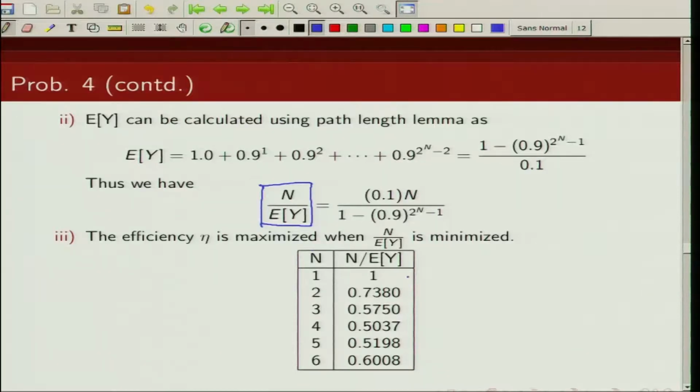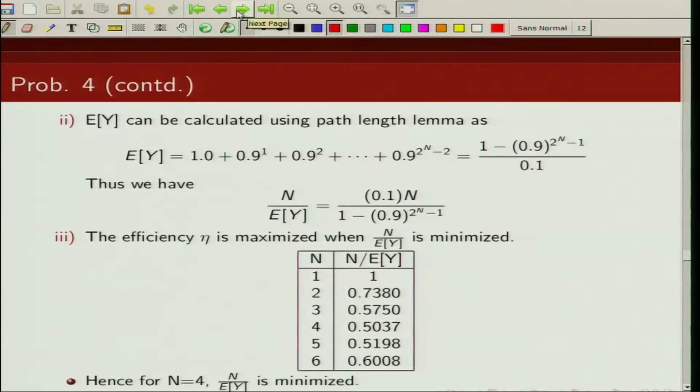I have written it here. For n equal to 1, this is 1. For n equal to 2, this comes out to be this. So you can see this ratio is smallest for this quantity. In other words, for n equal to 4 this ratio of n divided by expected value of y is minimized, so the efficiency is maximum for n equal to 4.